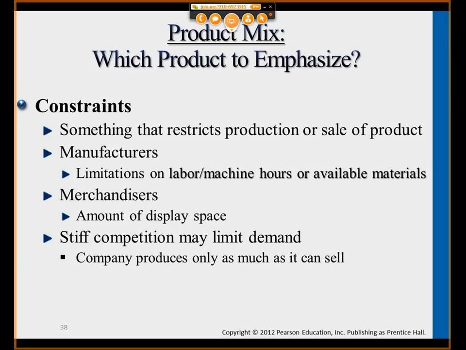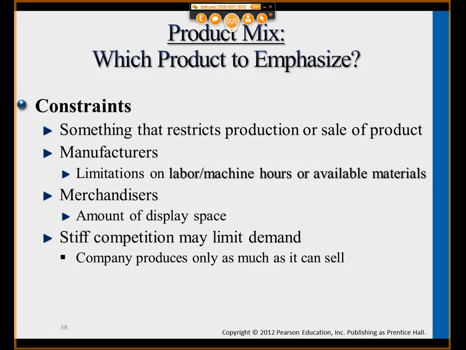One of them is when there is something that restricts production or sale of product. Another example, manufacturers. When we have some limitations on labor or machine hours or materials that are available to our production. Merchandisers. How much space do we have to display the product?